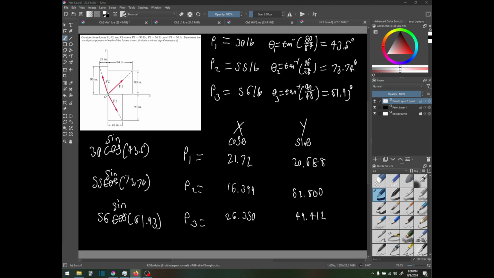So I'm going to check that. And okay, it's flagging this one, and it's flagging this one. Gotta be due to rounding.